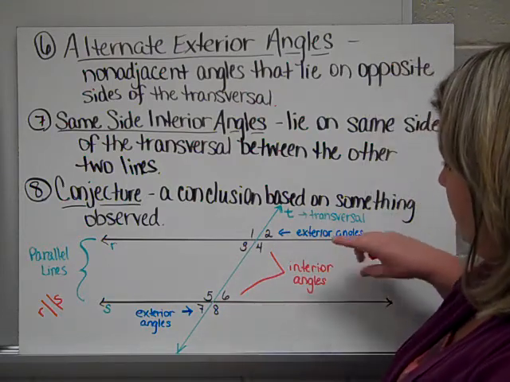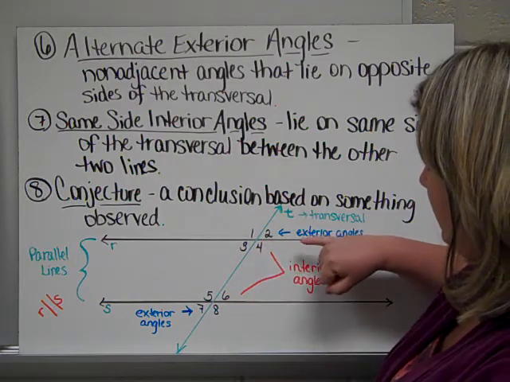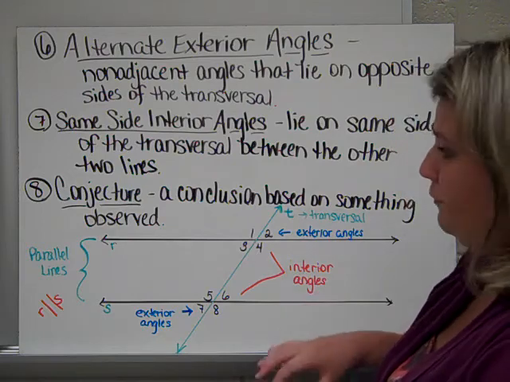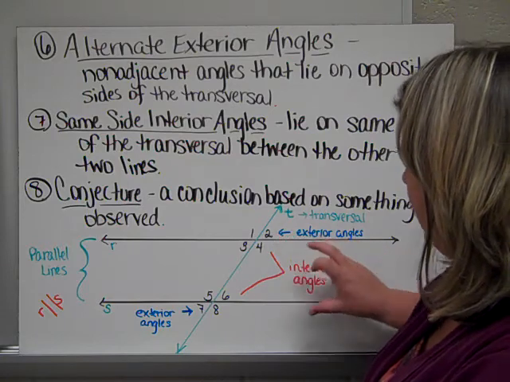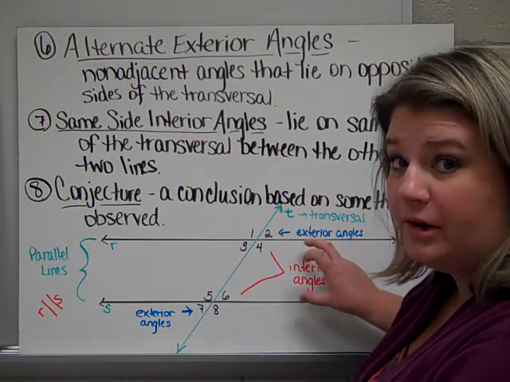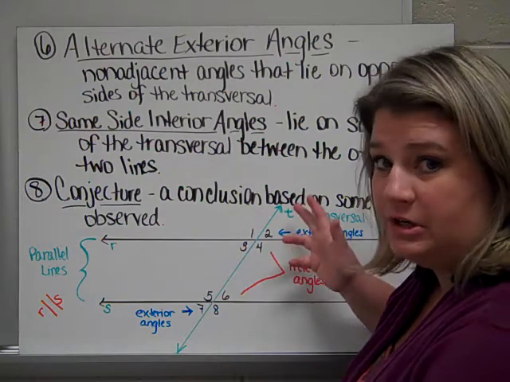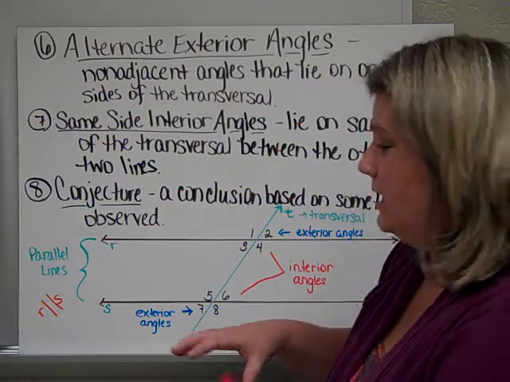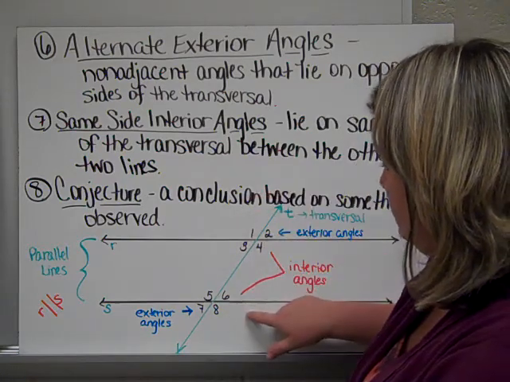I have all the angles labeled, so let's talk about the ones that are outside. Exterior angles are going to be outside of the two parallel lines. So angles 1 and 2 would be considered exterior angles, and 7 and 8 would also be exterior because they are outside of the two parallel lines.